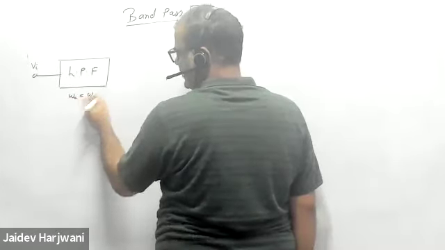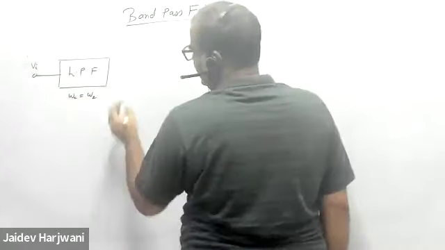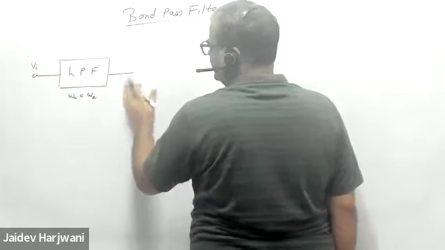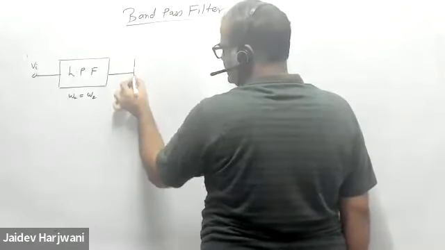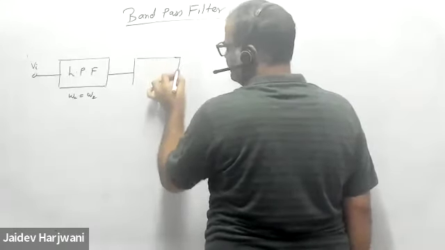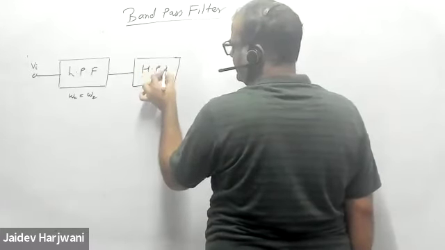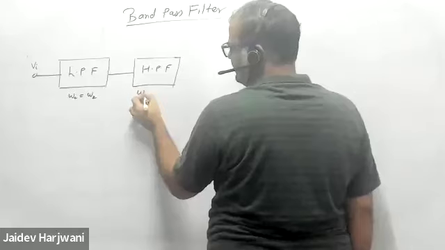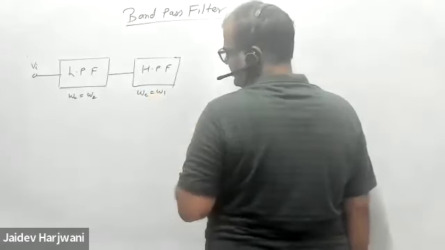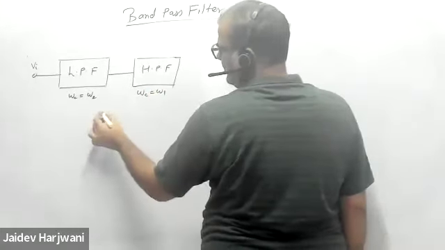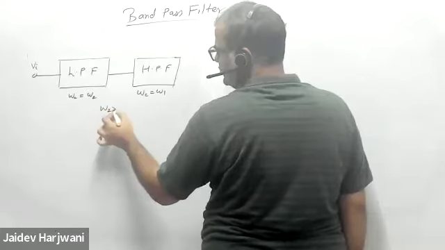Then the output of the low pass filter passes through a high pass filter of cutoff frequency omega 1. You have to remember omega 2 should be greater than omega 1.